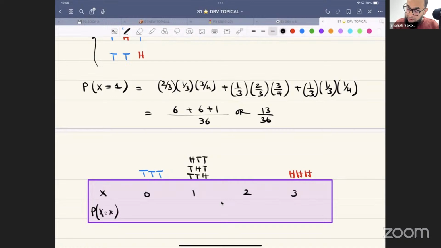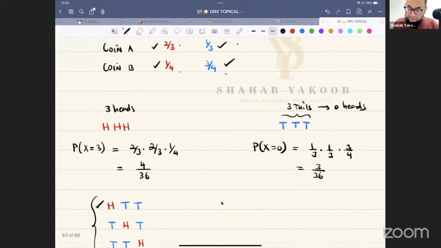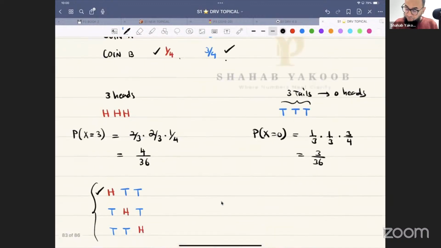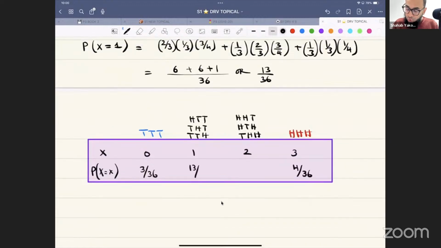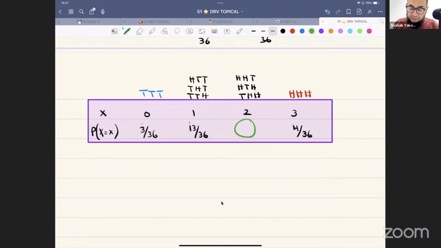And 2 heads would be HHT, HTH, THH. So this one is 3 over 36, 3 heads is 4 over 36, and this one is 13 over 36, and this one can be found using subtraction. So 13 plus 3, 16. 16 plus 4, 20. So therefore, this is 16 over 36.